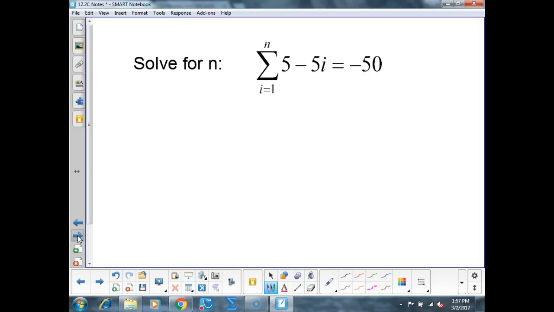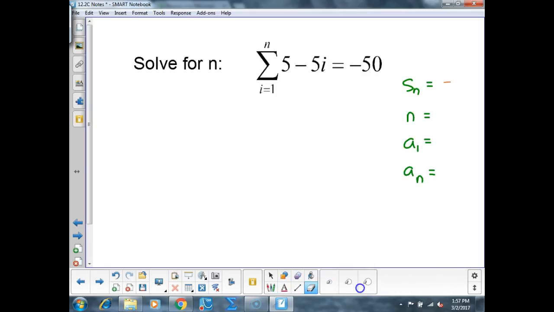Now here, in order to find the sum, we need the sum, the number of terms, the first term, and the last term. So we know we have the sum.